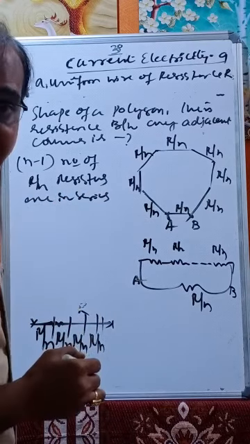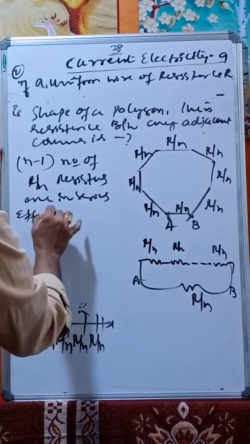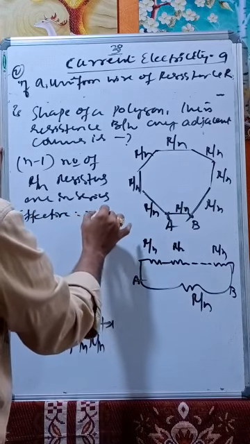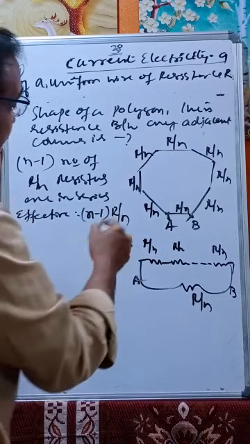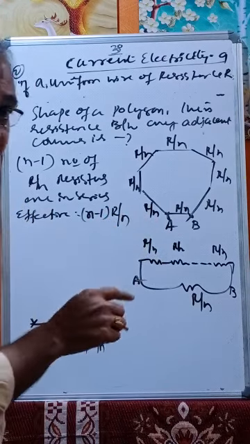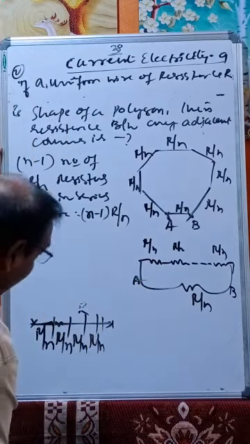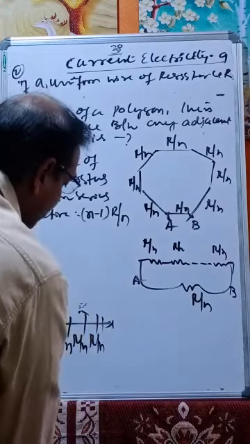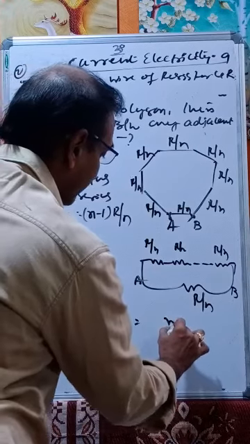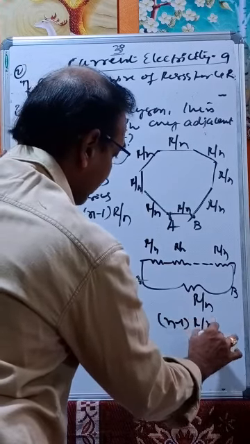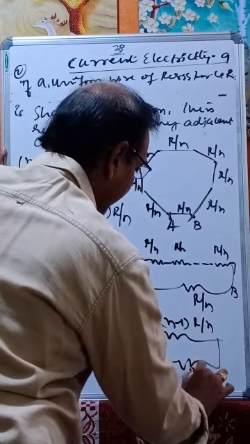What is the effective one? Effective is n minus 1 into R by n. If 2 are there, 2 into R by n; if 1 is there, 1 into R by n; if 5 are there, 5 into R by n. Therefore, effective is n minus 1 into R by n. So this is equivalent to n minus 1 R by n in parallel with the remaining one, R by n.